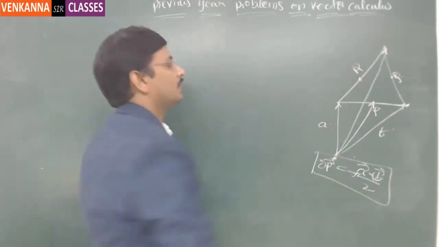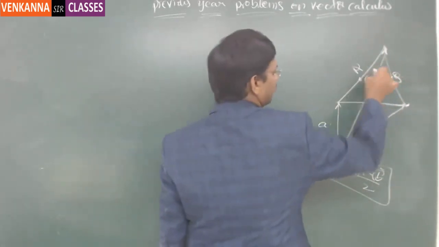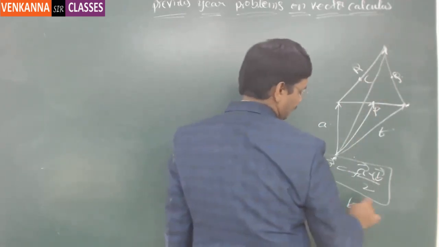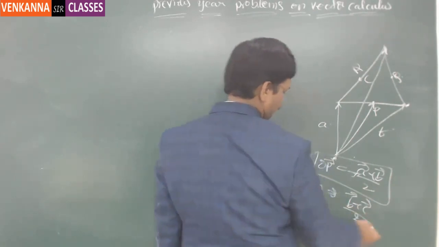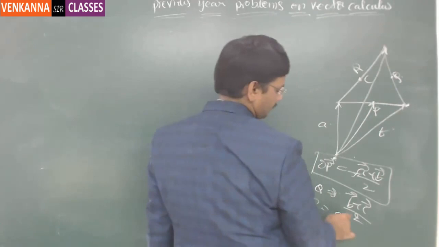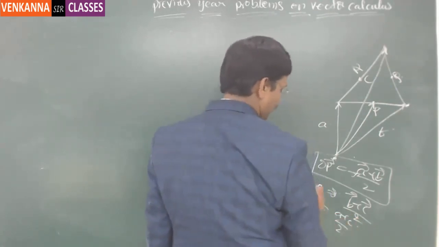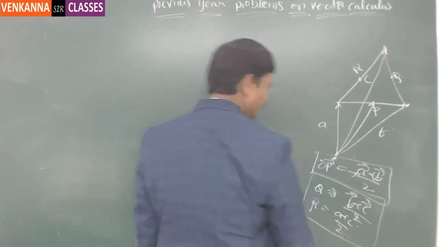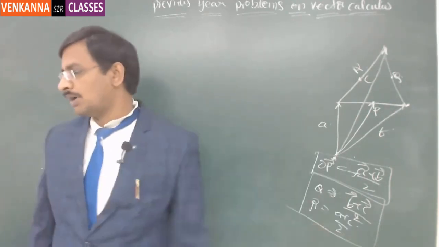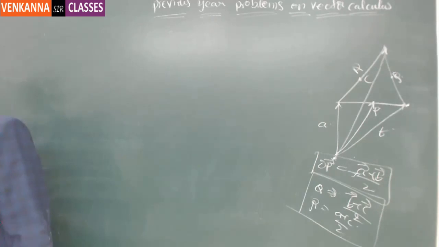Similarly, you can calculate Q, which is B plus C by 2, and R, which is A plus C by 2. This is how you will get 3 more position vectors which represent the midpoints.